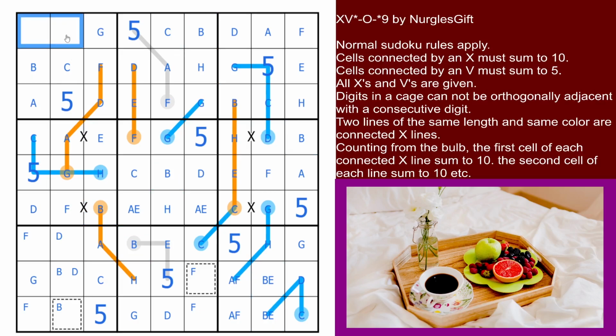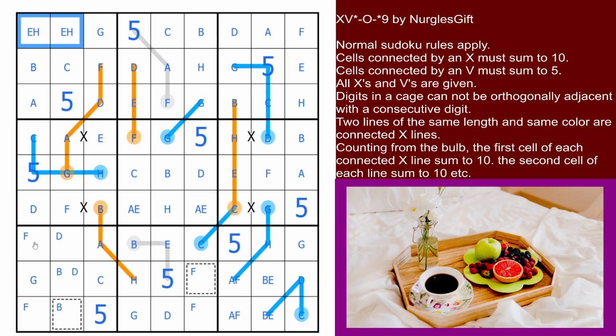Let's just put that and get rid of that. A, B, C, D, E, H. Is that correct? Yep, that's E, H. A, B, C, D, E, H.